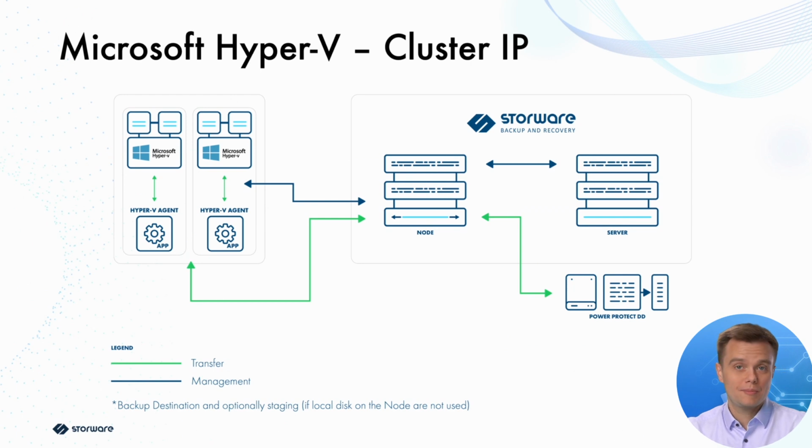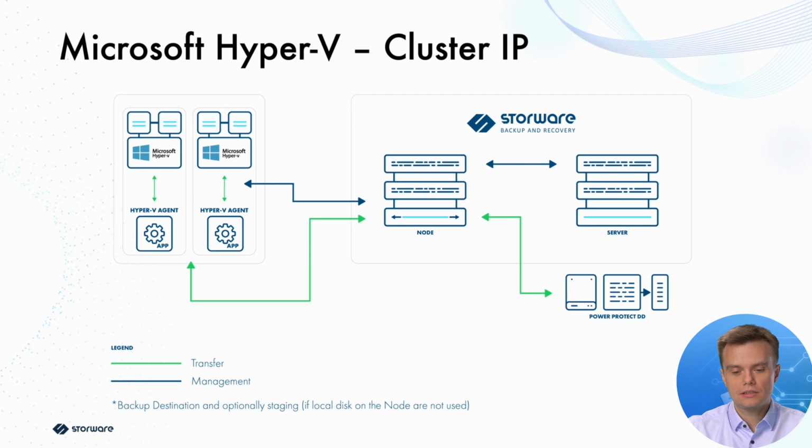Now, you probably have a slightly larger deployment, and you may want to form a cluster. Using the cluster IP, you are still able to connect to Hyper-V agents. Still, all of these hosts require the agent to be installed on each one of them.